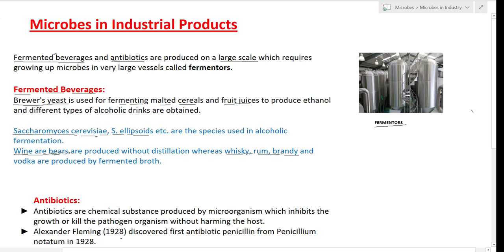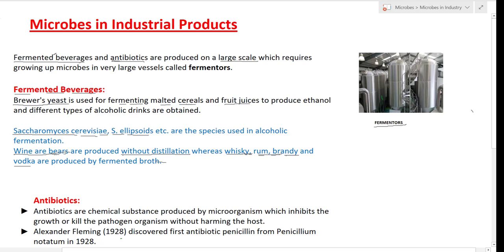Wine and beer are actually produced without distillation. Distillation is the process we use for the formation of different drinks. By doing distillation, we get these products. Actually they are purified a little bit and have a higher amount of alcohol.